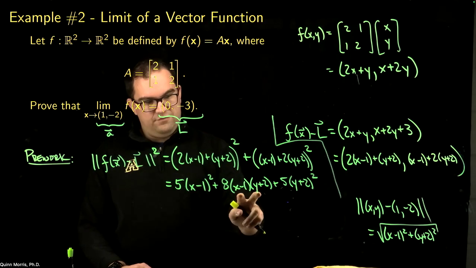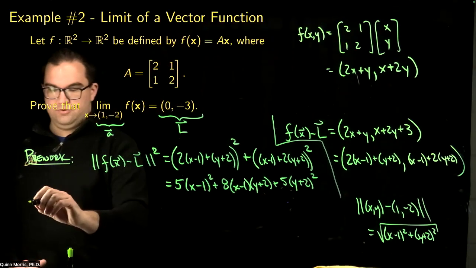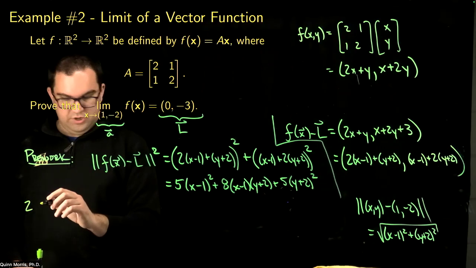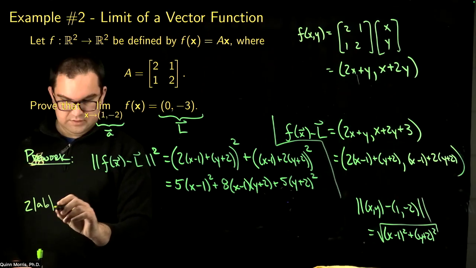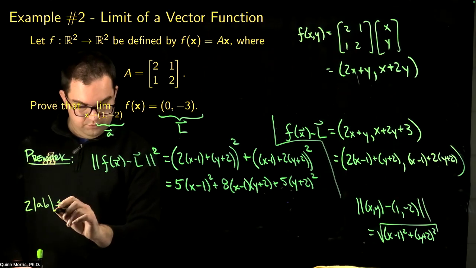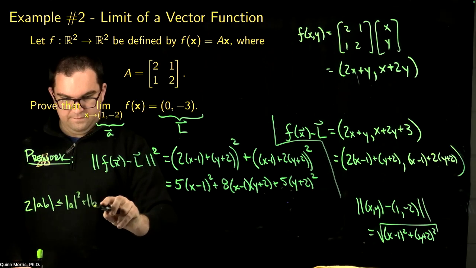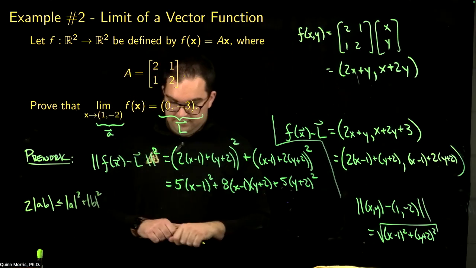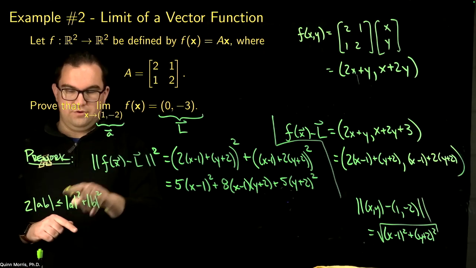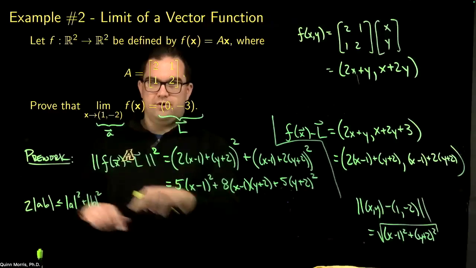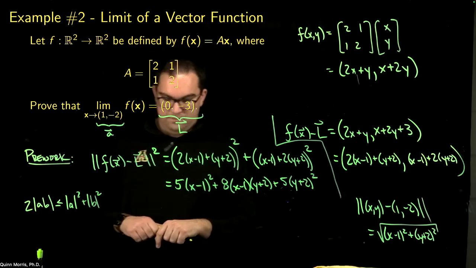So if I want to deal with this cross term, one way I can do it is to use an inequality which says that 2 times the absolute value of two things multiplied together is less than or equal to each of those things squared, added together. This actually comes from, if you subtract this over and then factor it, you get a quadratic. Something squared always has to be greater than or equal to 0. So that's where this inequality comes from.